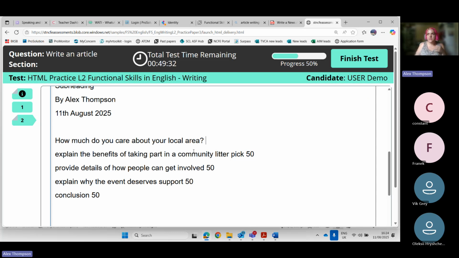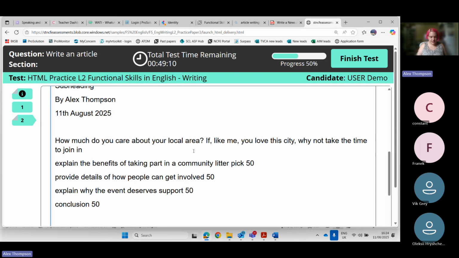Now I'm going to put in my introduction, I'm going to start it by giving a little bit of generic personal information by saying, so if, like me, you love this city, why not take the time to join in looking after it? So I'm trying to make a connection between me, the writer, and the reader.